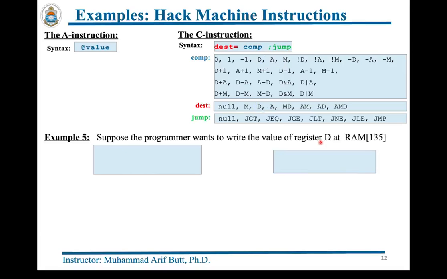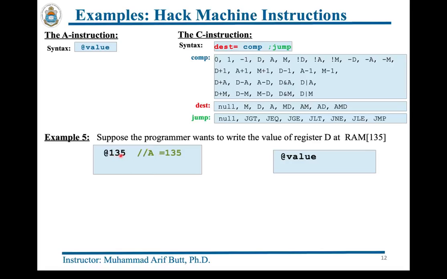Suppose the programmer wants to write the value of register D at RAM 135. That is, you want to write the data memory, and the address of the data memory is 135, and what we want to write at this location of RAM is the content of D register. And what are the contents of D registers? That is whatever we have computed in the previous instructions. So this again can't be done in one instruction. First of all, we'll place this address 135 inside the A register using the A instruction.